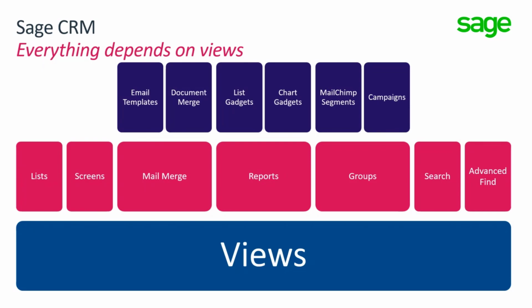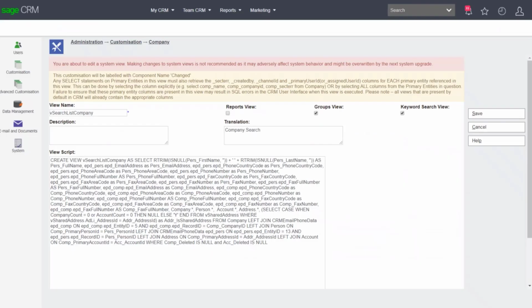And here, if we look at the view that sits underneath the search screen, this is the definition of a view called the search list company. I've come into administration, customization, company, and come down into looking at the views and then into the existing system view, the search list company.